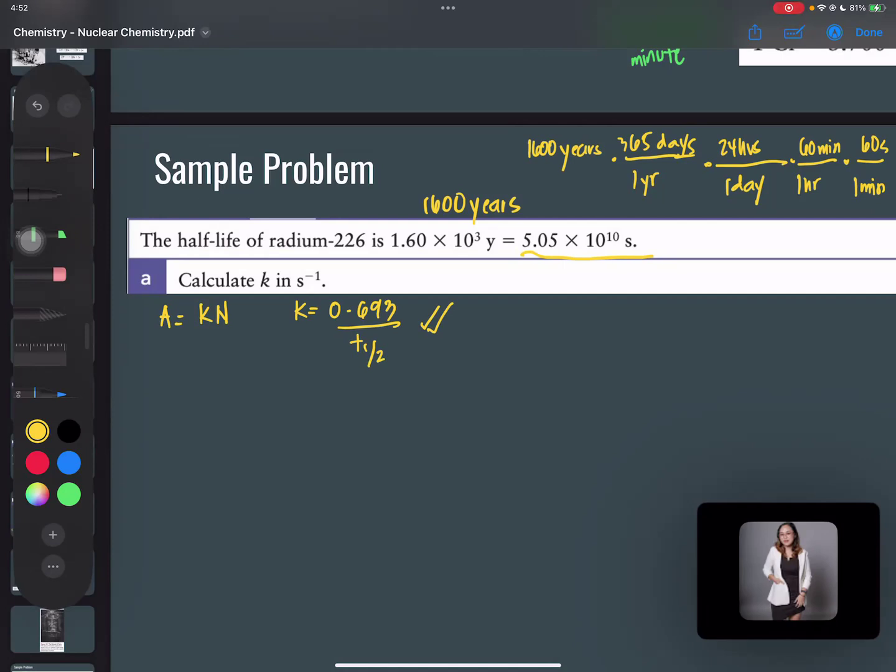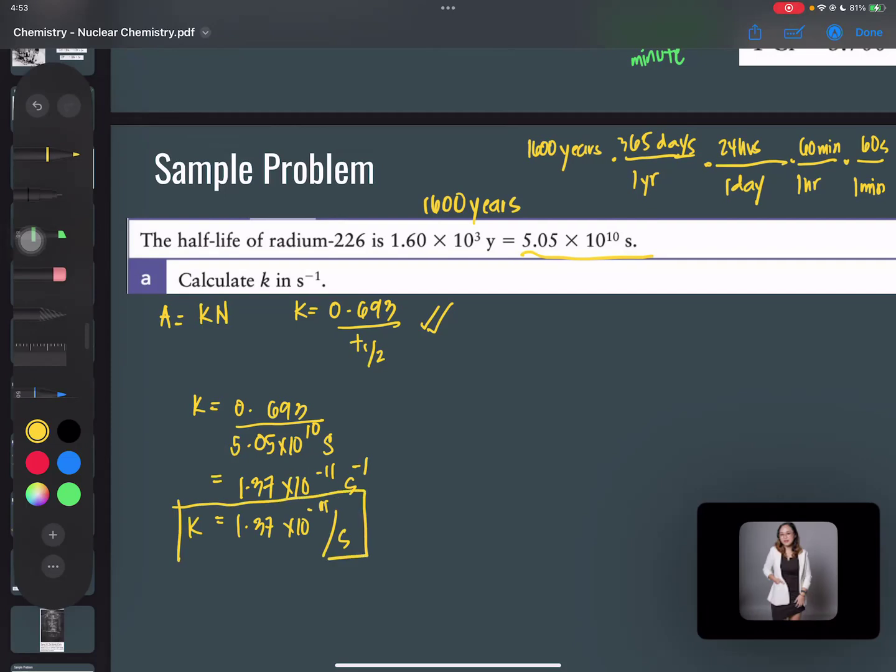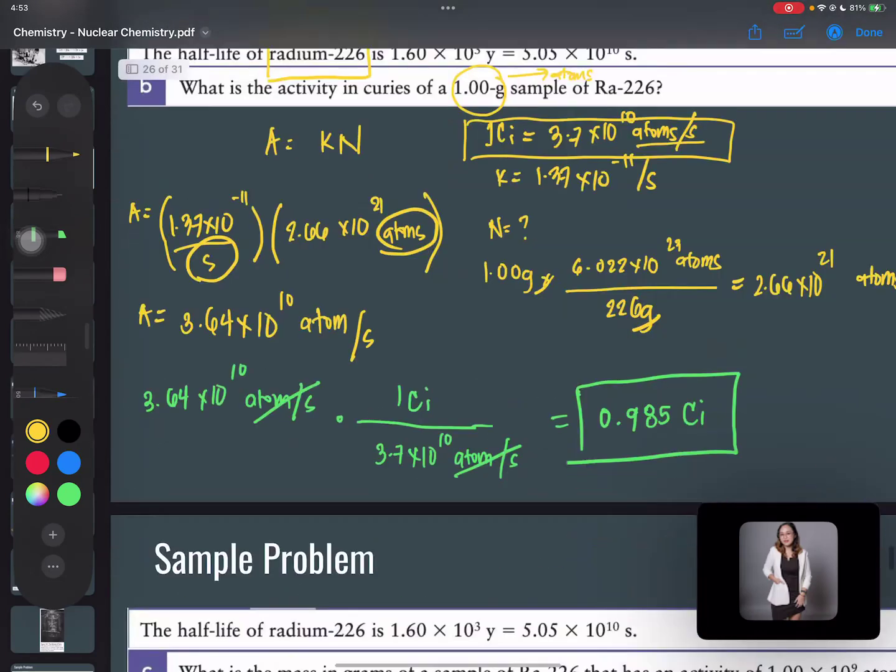Now, just directly substitute. k is equal to 0.693 divided by your half-life, which is 5.05 times 10 to the power of 10 seconds. Your answer should be 1.37 times 10 to the power of -11 s^-1, or over s. This is the rate constant for the first order reaction. Next question.